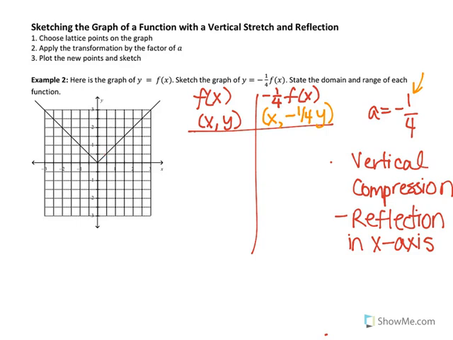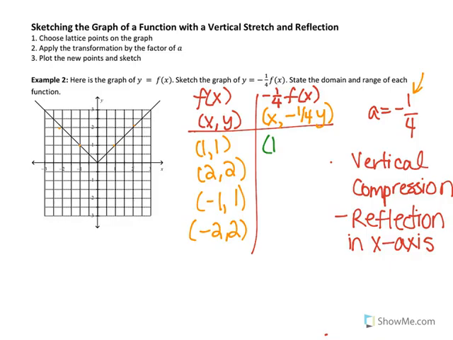Okay, so we got some points here. We have 1 and 1. We have 2 and 2. We have -1, 1, I mean, and -2, 2. And if you're unsure of what type of graph this is, it's an absolute value graph.